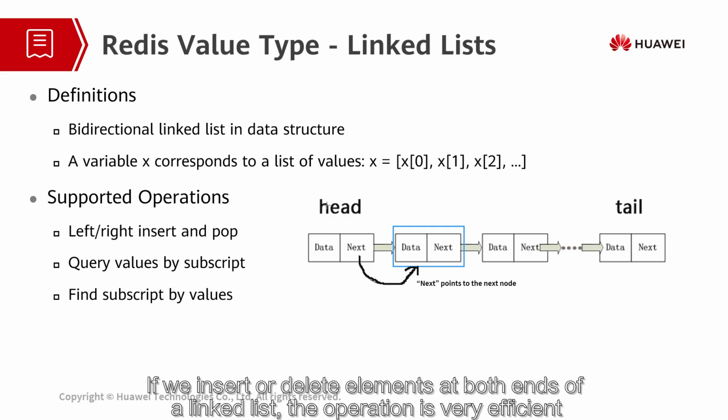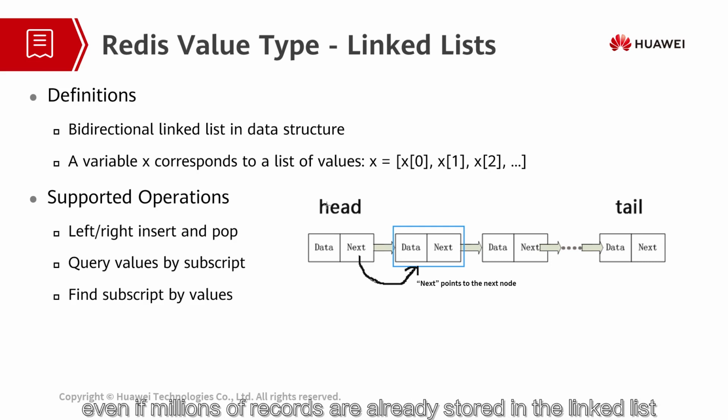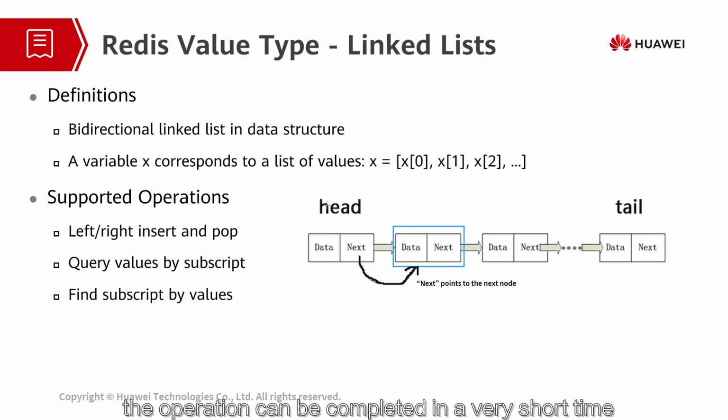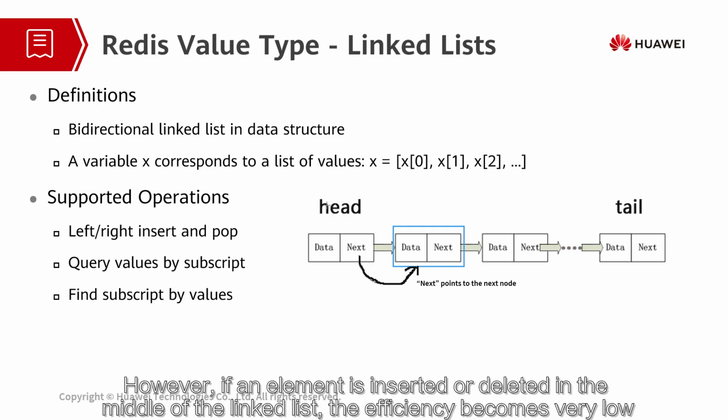If we insert or delete elements at both ends of a linked list, the operation is very efficient, even if millions of records are already sorted in the linked list. The operation can be completed in a very short time. However, if an element is inserted or deleted in the middle of the linked list, the efficiency becomes very low.